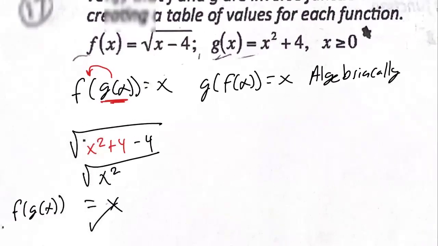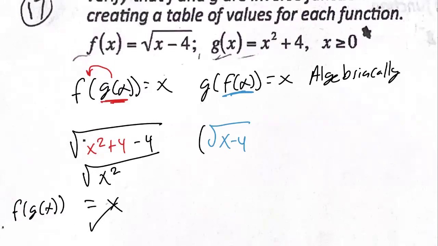Now we're going to do g of f of x. So that means I'm going to have the parentheses, square root of x minus 4, parentheses, squared plus 4.